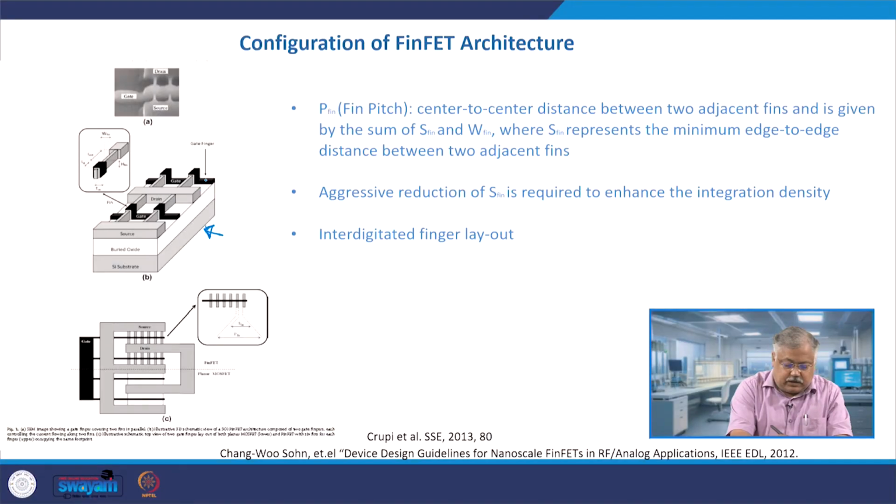So, if you look at the structure here, this is another configuration of FinFET, and if you see this slide, the second schematic here, this is sort of a two fin structure, right, and you can have two gate structure. So, you see this is gate number 1 here and this is sort of gate number 2, let me say.